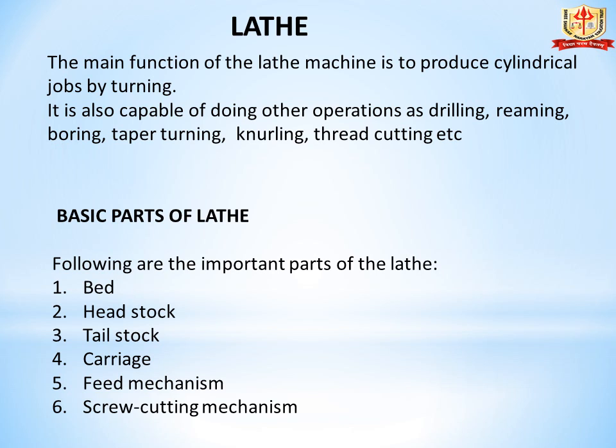It is also capable of doing other operations such as drilling, reaming, boring, taper turning, knurling and thread cutting, etc. The main basic parts of the lathe machine are: first, a bed; second, a headstock; third, a tailstock; fourth, a carriage; fifth, a feed mechanism; and sixth, a screw cutting mechanism.